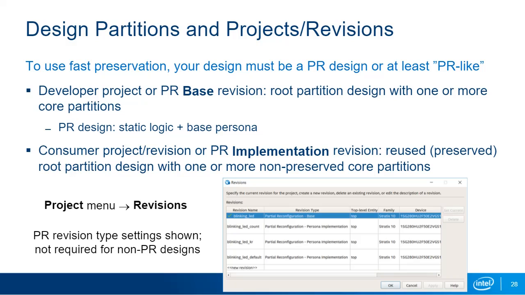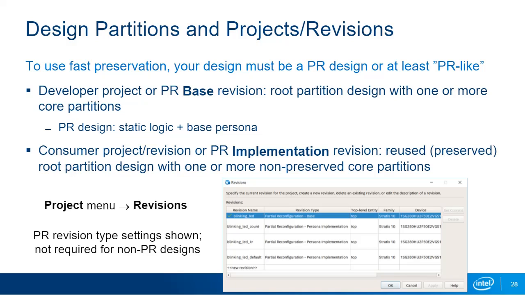For PR, one or more implementation project revisions are required to compile the different personas each PR partition can switch between while maintaining the logic in the static region. For a non-PR design, you need what's referred to as a consumer project, which performs a similar function, maintaining the root partition logic.